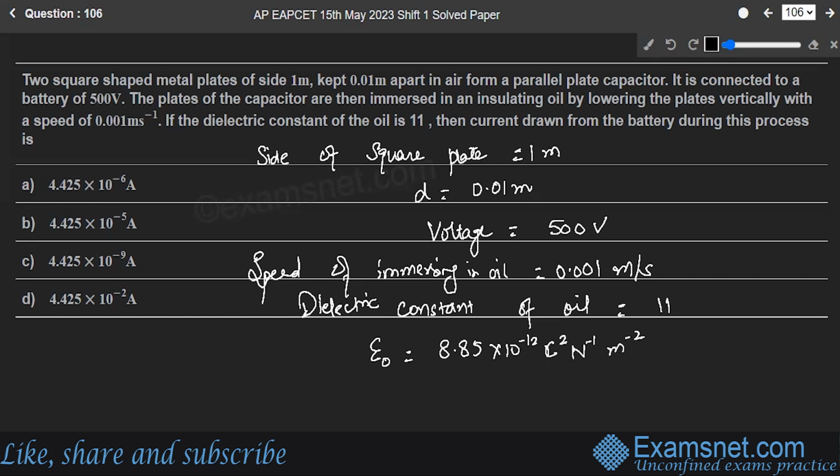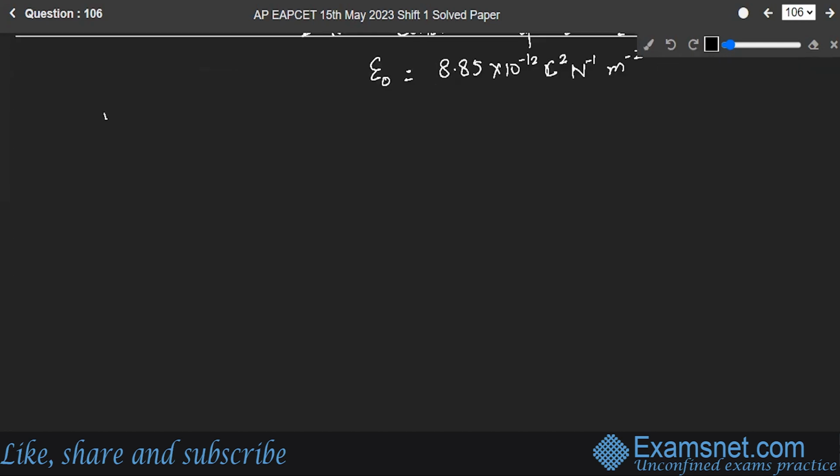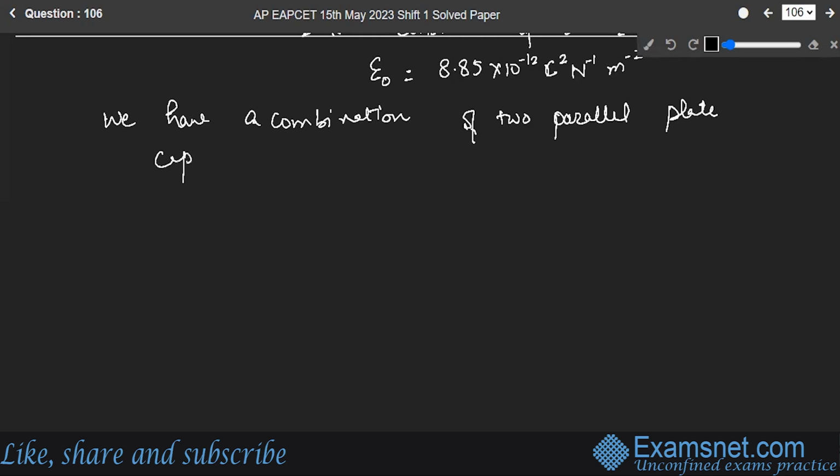So here we have a combination of two parallel plate capacitors. Therefore, this is something like this.